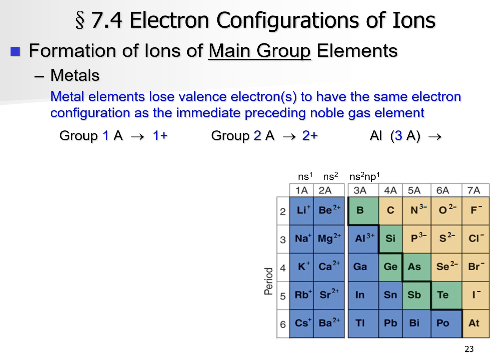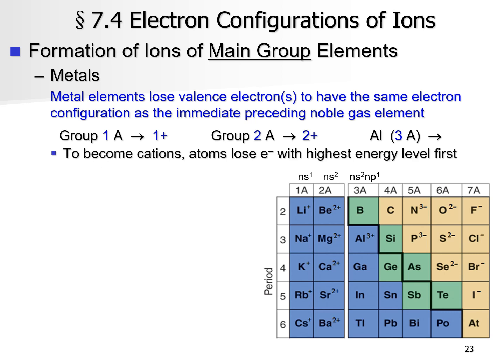Group 2A loses 2 electrons, so that's 2 plus. For aluminum, however, since we have 2 subshells with different energy levels, aluminum is going to lose the electron with the highest energy level first, which is 3p. So aluminum is going to lose 1 electron from 3p, then both electrons in 3s.